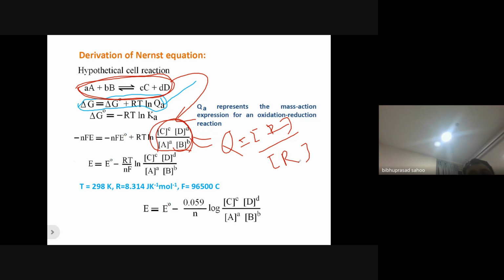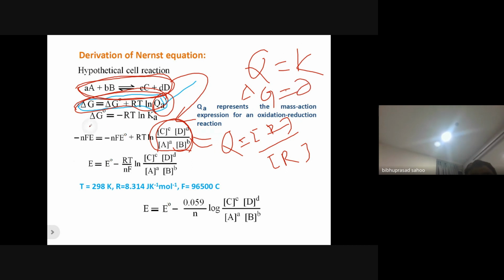Okay, student? So this equation, del G is equal to del G naught plus RT ln Q, we borrowed from the Van't Hoff isotherm. At exact equilibrium, Q is equal to K and del G is equal to 0.